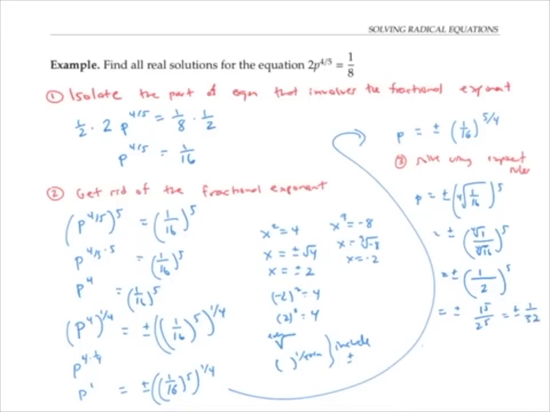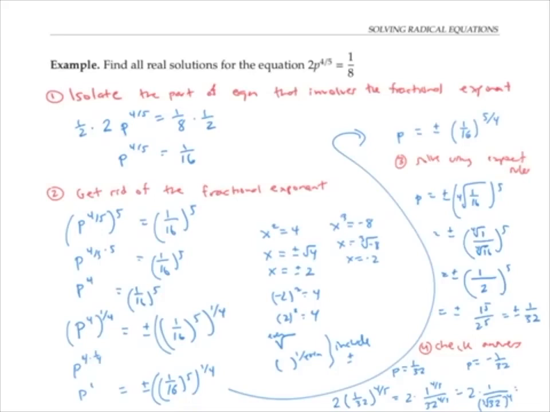The last step is to check answers. So I have the two answers, p equals 1/32 and p equals minus 1/32. And if I plug those both in, 1/32 to the 4/5 power, that gives me 2 times 1 to the 4/5 power over 32 to the 4/5 power, which is 2 times 1 over 32 5th rooted to the 4th power. 5th root of 32 is 2.